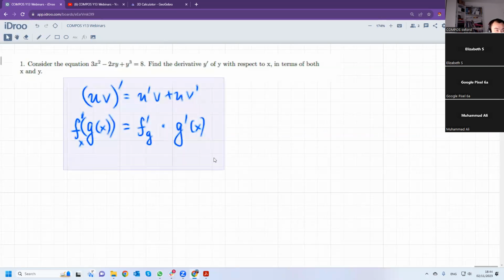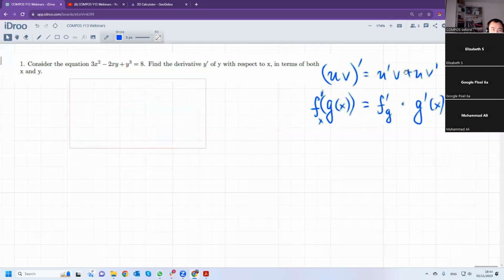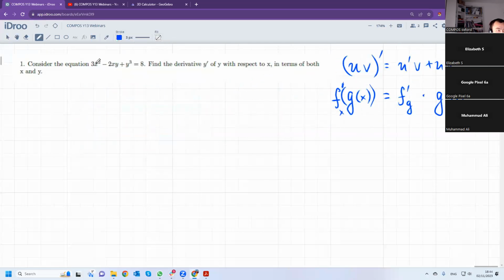So what do we do? This is the product rule and the chain rule. We differentiate both sides. Differentiating the left-hand side, well, this is easy. This is 6x minus. Now here we need to use the product rule. I leave the 2 out. The 2 doesn't make any difference.